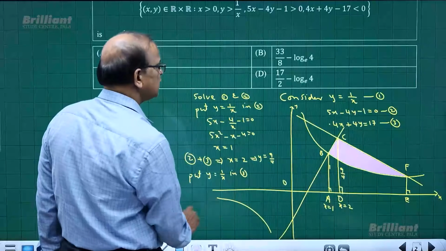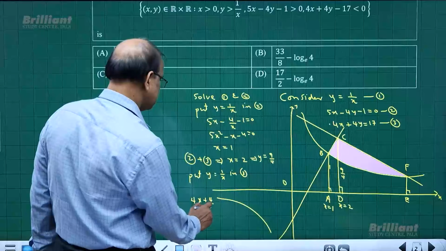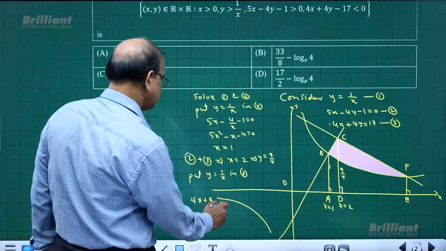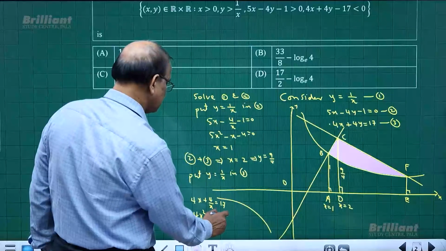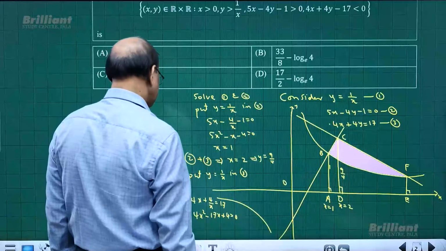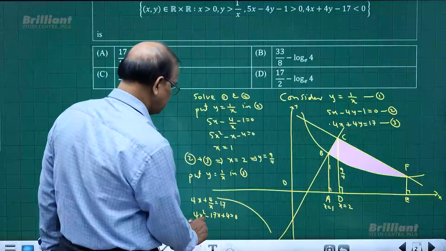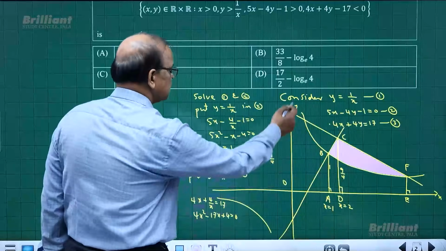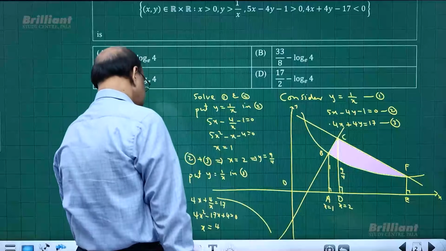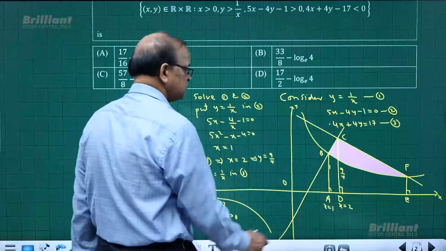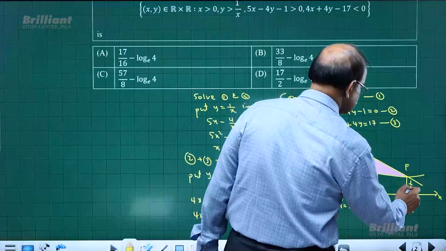What you will get? 4x plus 4 by x is equal to 17, that is 4x square minus 17x plus 4. So, x is equal to 4. 4 comma 1 by 4. So don't take this, here 1 by 4 we don't. So x equal to 4 you take. So x is 4, y is 1 by 4.